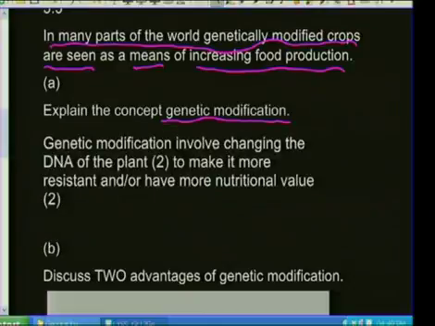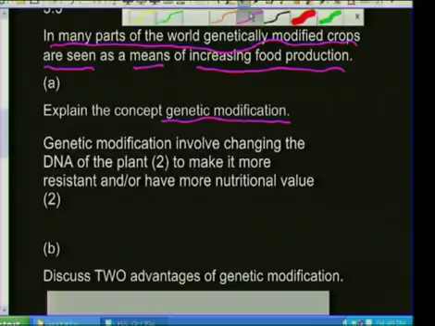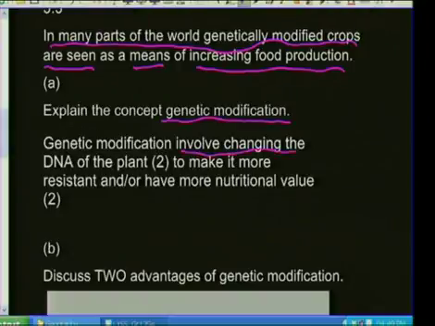All right? Genetic modification involves changing the DNA of a plant to make it more resistant, or have more nutritional value. So if you look at it here, it involves a changing of the DNA of the plant. In this instance, it gave 2 marks. Remember, your papers can change. This whole thing may be a concept for 2 marks.